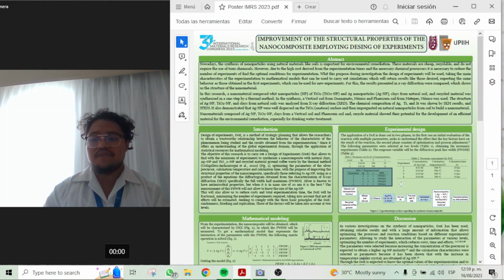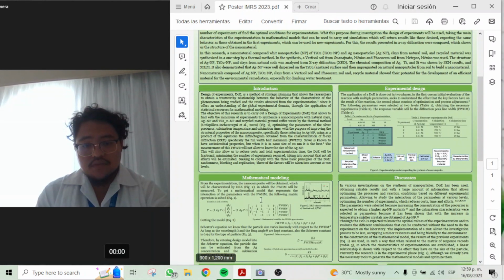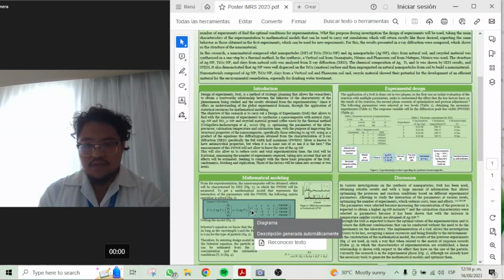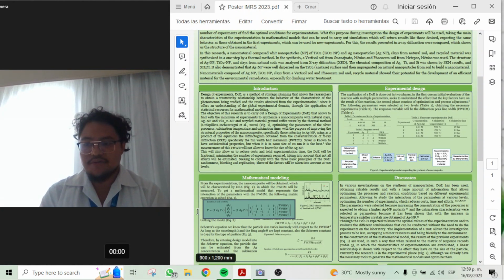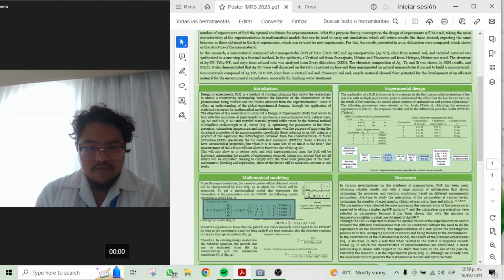The difference in FWHM obtained in the experimental process I use to obtain the linear model, in this equation. So, this is the linear model.